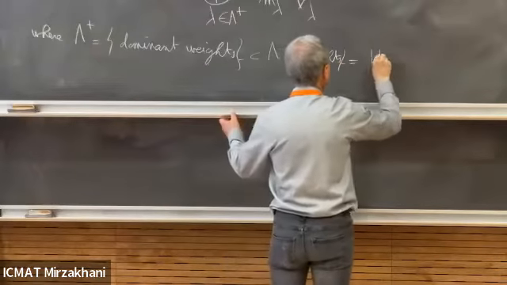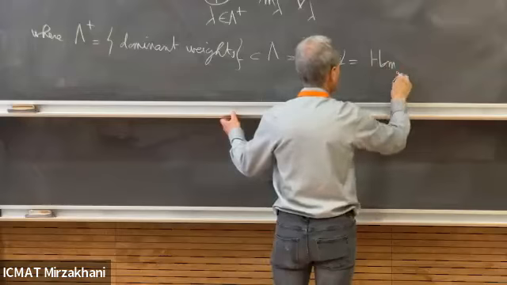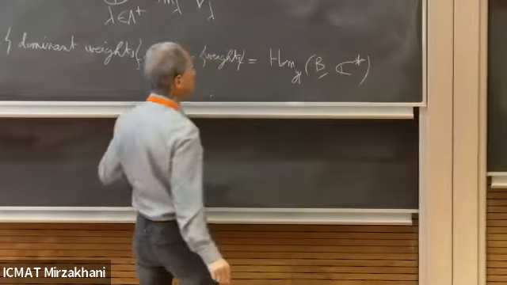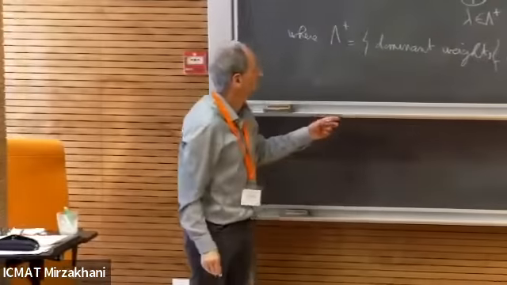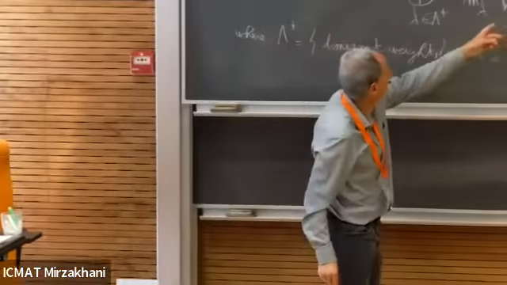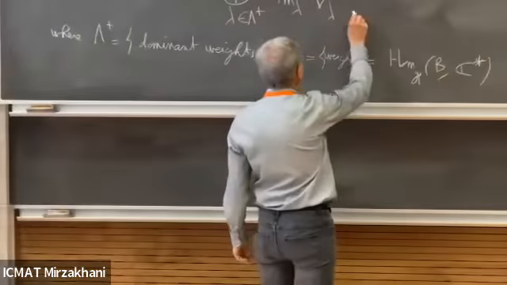This is a character group of B. And for any such dominant weight, you have an irreducible representation with highest weight lambda.